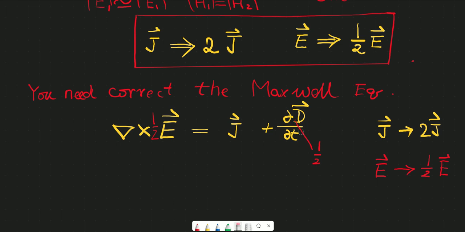Okay. The corrected Maxwell equation is this. And the other things you do not need to correct. For example, this you can still keep. I'm writing down wrong. This is not E, this make a mistake, big mistake.